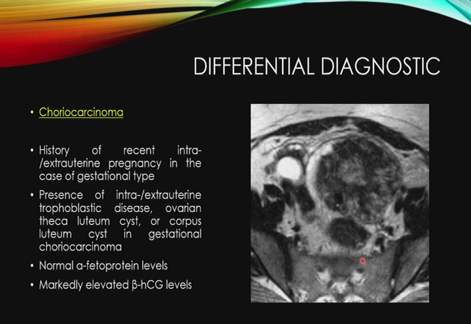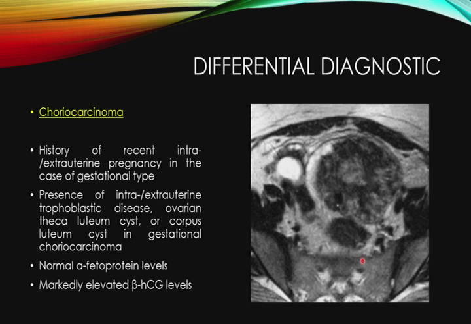Choriocarcinoma: history of recent intra- or extrauterine pregnancy. In the case of questionable type, it presents with intra- or extrauterine trophoblastic disease, ovarian theca lutein cyst, or corpus luteum cyst in gestational choriocarcinoma.